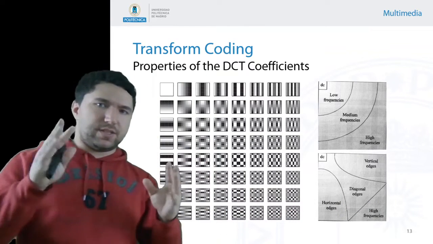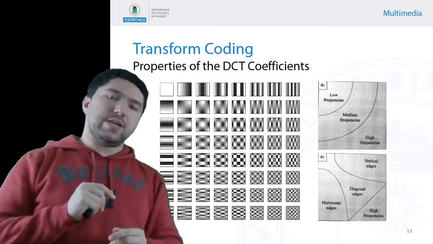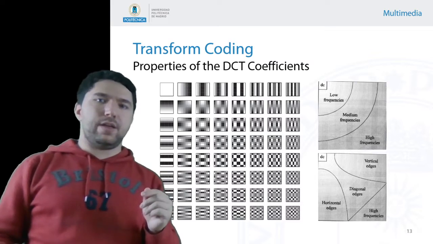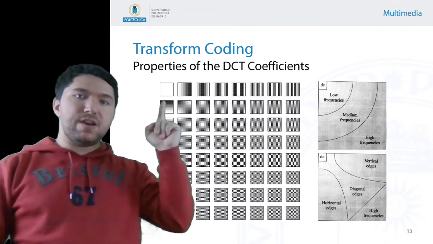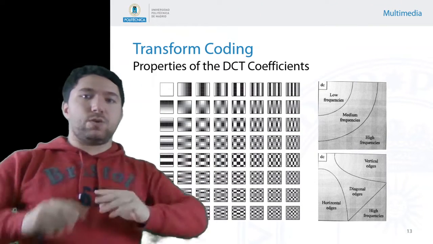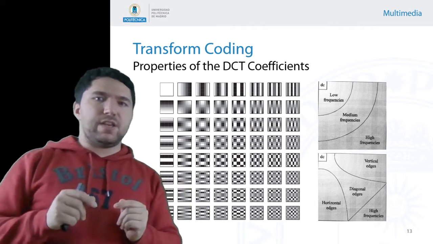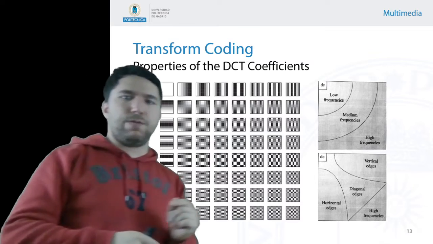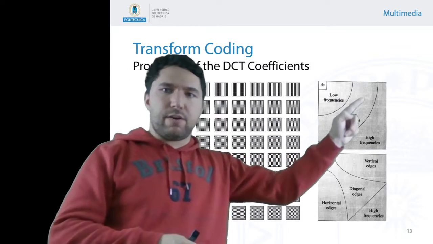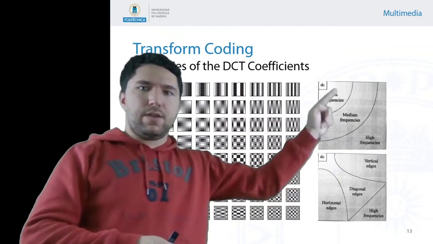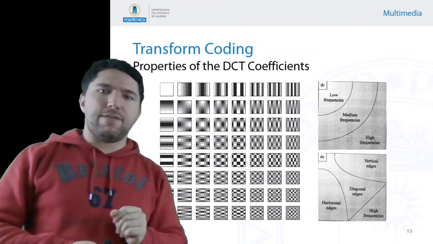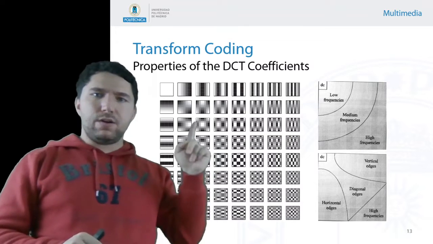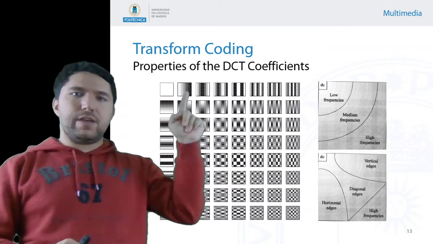So, for instance, if we move here, we will see how each of the coefficients contributes to the global image. Here we have the mean value, for instance, white. Imagine that exactly in the middle of our block, around here, I have a vertical edge. A vertical edge will give a coefficient here.